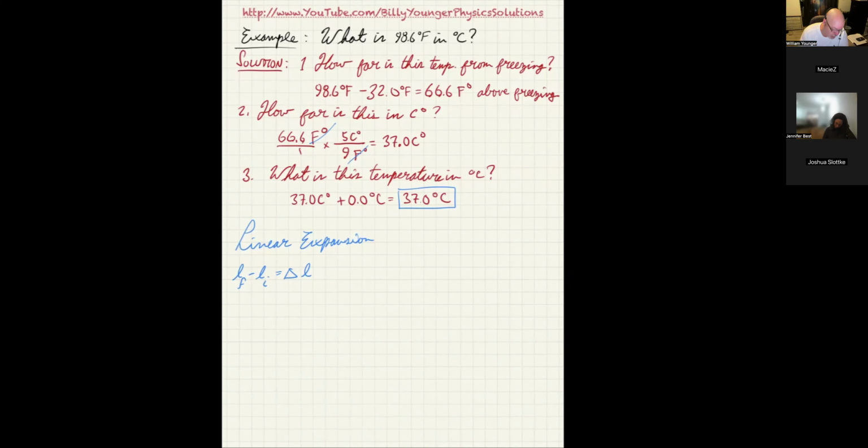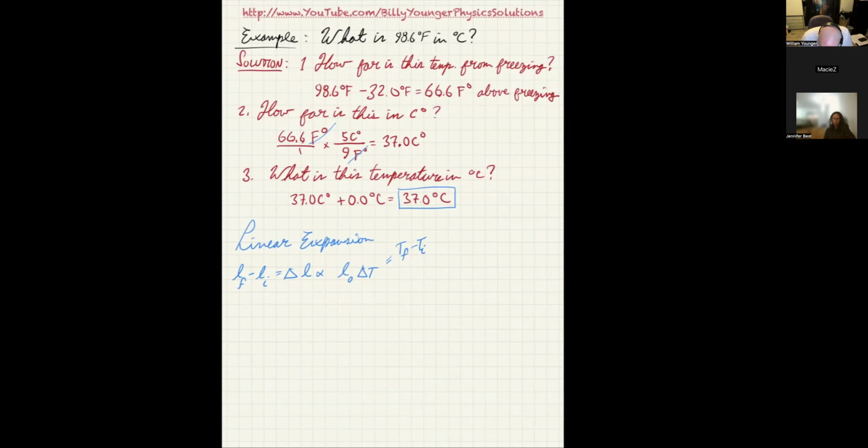Sometimes you use O and stuff like that, but the change in the length of an object should be directly proportional to the initial length, which again I call Li over here, but in the equation we're going to call it L0, and it's also going to be proportional to the change in temperature. Again, the change in temperature is going to be T final minus T initial. Okay. But again, we're probably going to use the I's and the O's.